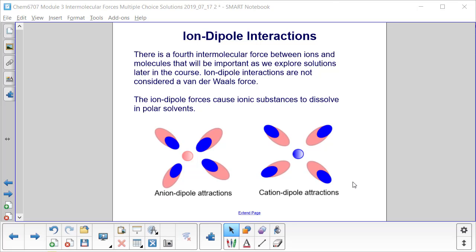So, if you put your sodium chloride, NaCl, into water, that ion-dipole attraction, the attraction of the oxygen end of the water to the sodium ion and the hydrogen end of the water to the chloride ion, is what pulls those ions apart, allowing them to be solvated and for that solid to dissolve.